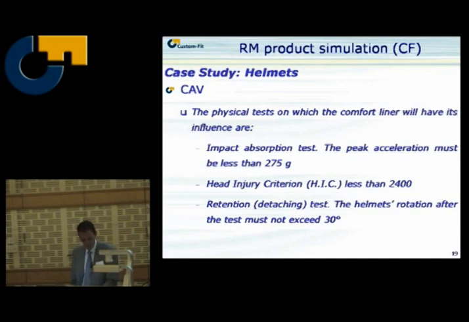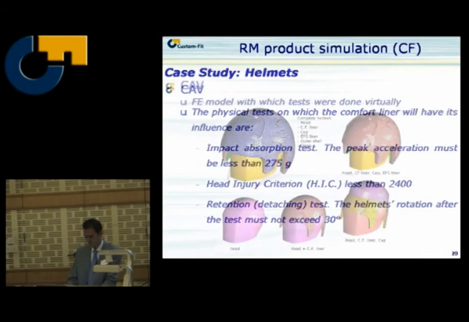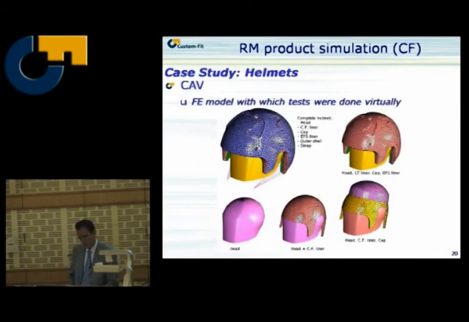Head injury criteria is an empirical function that evaluates the expected severity of the human brain injury induced by an impact. And finally, we have the retention or detachment test, where the helmet's rotation after the test must not exceed 30 degrees. This is the FE model.